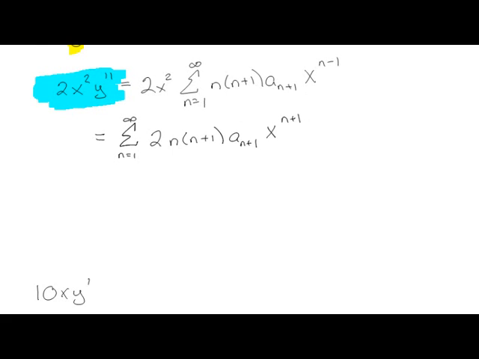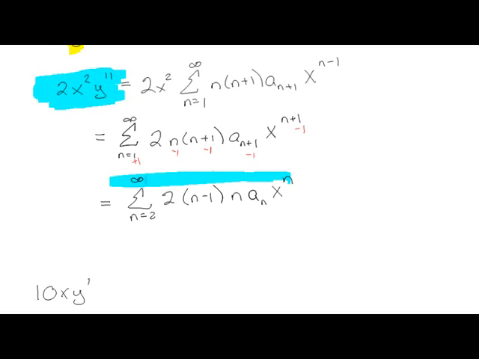Then I need this to be x to the n, so I have to subtract 1 and add 1. And that finally leaves me with the sum from n equals 2 to infinity of 2 n minus 1 times n, a sub n, x to the n.